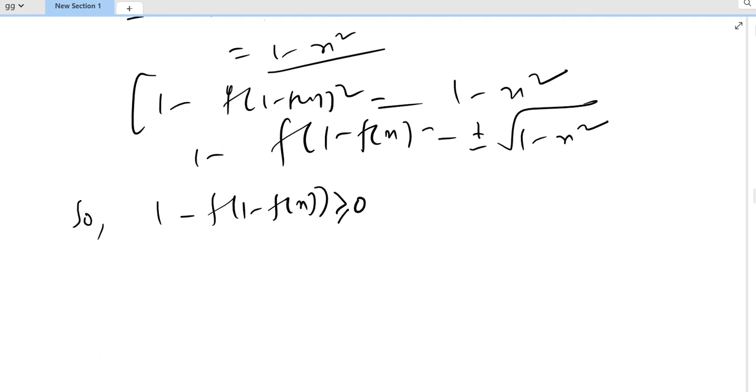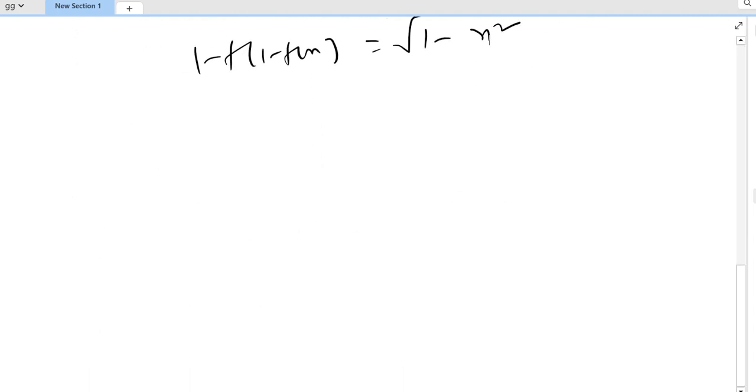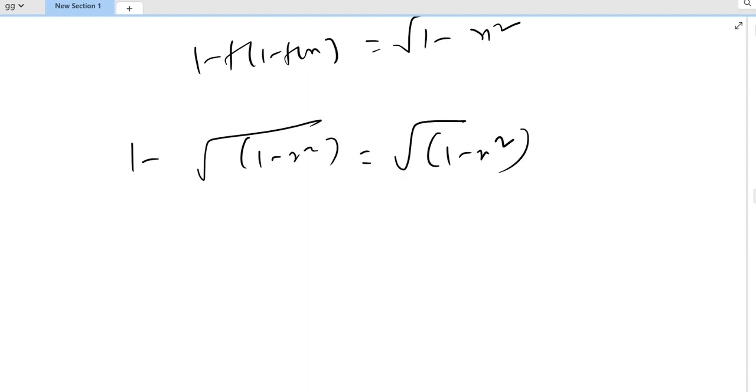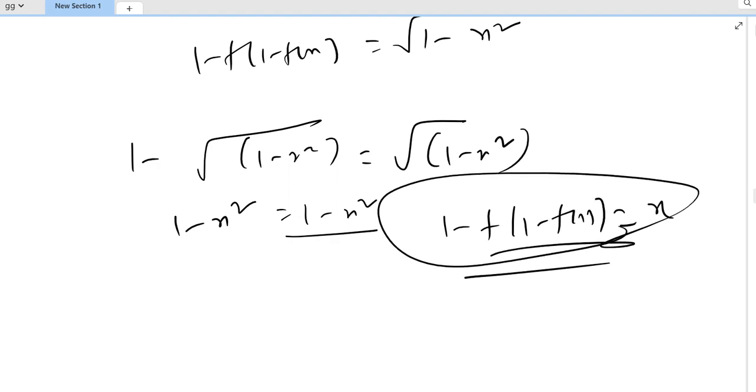So we can conclude that 1 minus f(x) is root over 1 minus x square. Substituting both sides, we get 1 minus x square equal to 1 minus x square, which is true for all x in the interval. Therefore we have shown that 1 minus f of 1 minus f(x) is equal to x. That's the first part done.